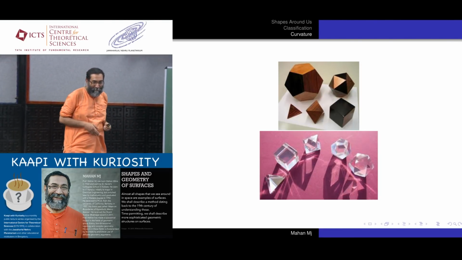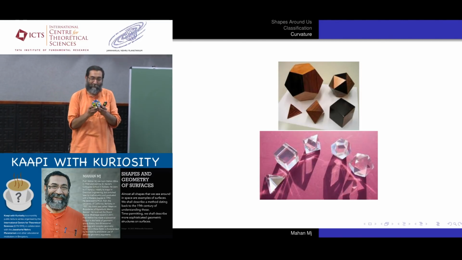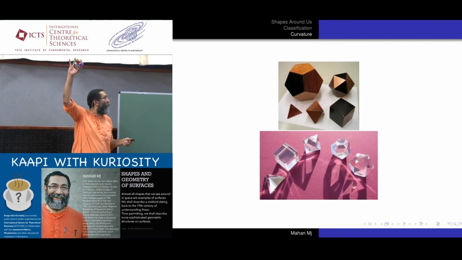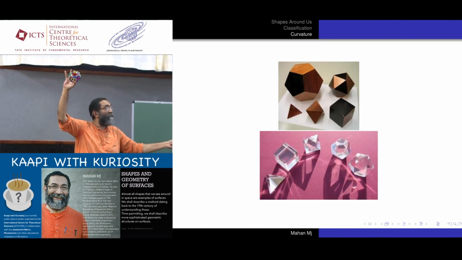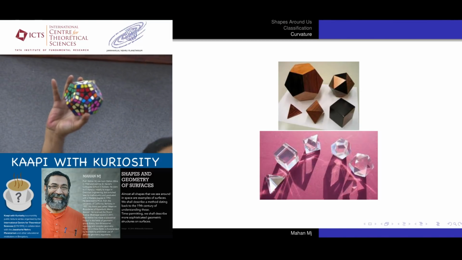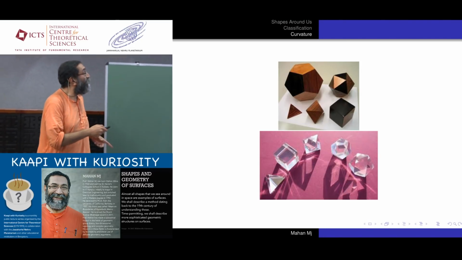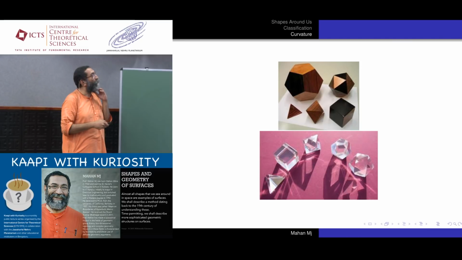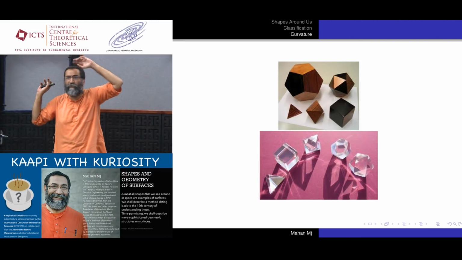So this is going to be the most involved picture here. This object here is this dodecahedron, right? So there are these solids that we know of. These have a name and they have a rich and varied history.